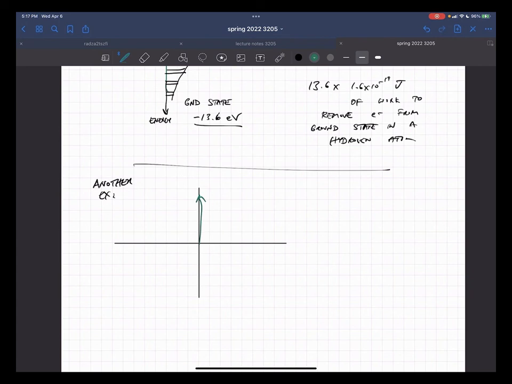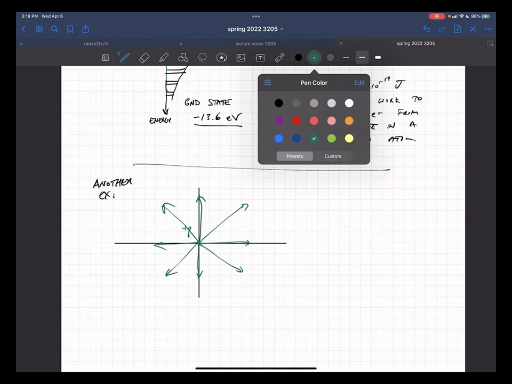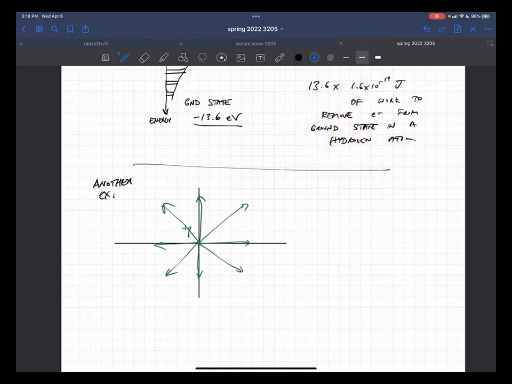It would have these radial electric field lines. So this is a point charge plus Q at the center, with these radial lines coming out. Again, if you wanted to plot the equipotential lines, they'd be perpendicular to the electric field lines.